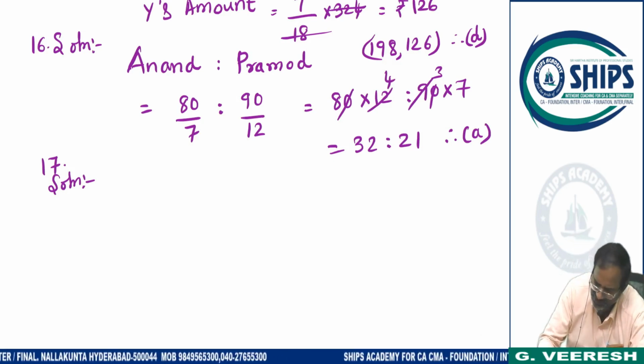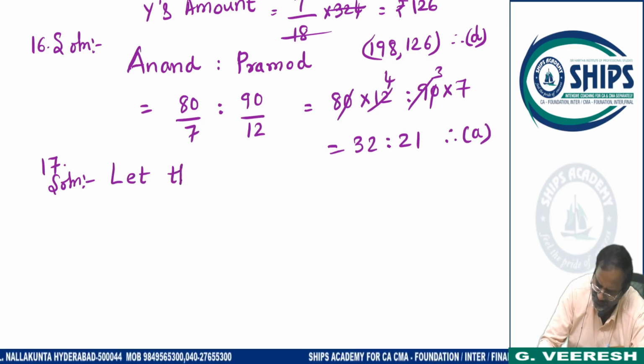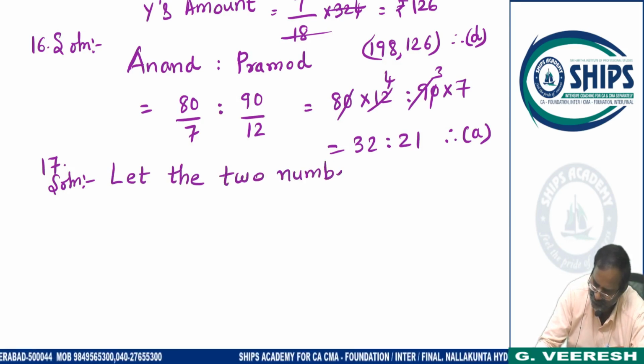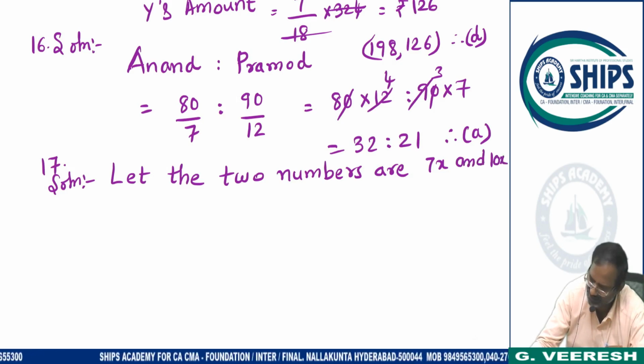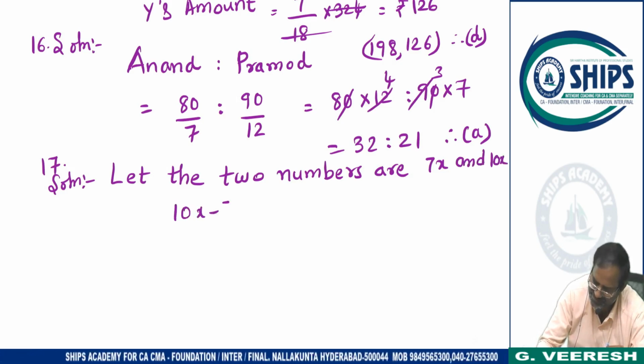So let the two numbers be 7x and 10x. Difference means minus: greater number minus lesser number, not lesser minus greater.